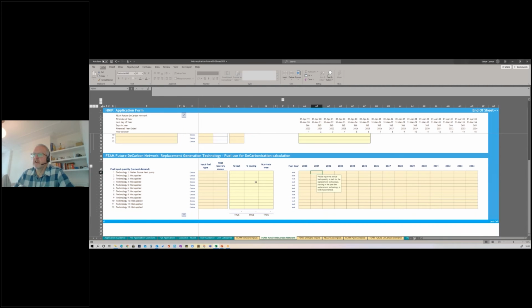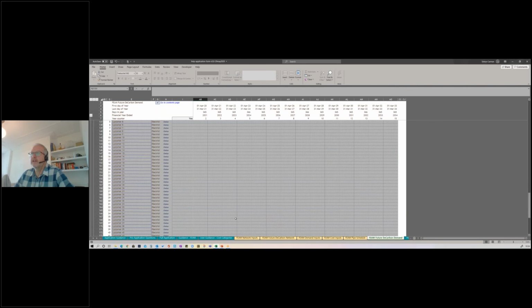We're not asking for cost information or anything. It is just what is your aspiration in relation to improving your generation technology, if you are going to improve it, what year does it come on board and what fuel does it use, and then we can calculate the additional carbon benefit from that technology.